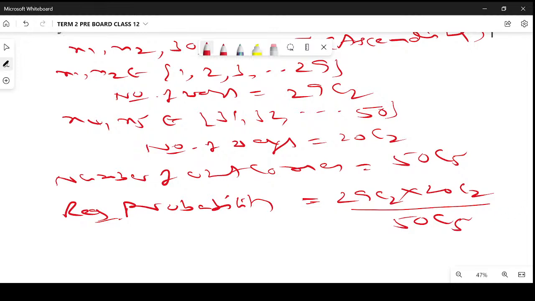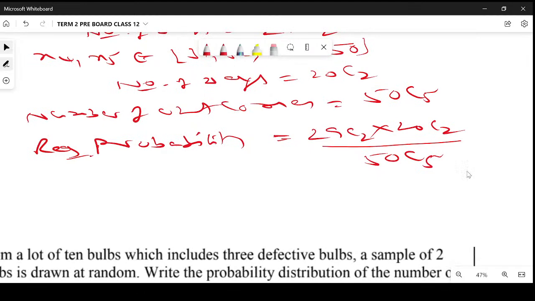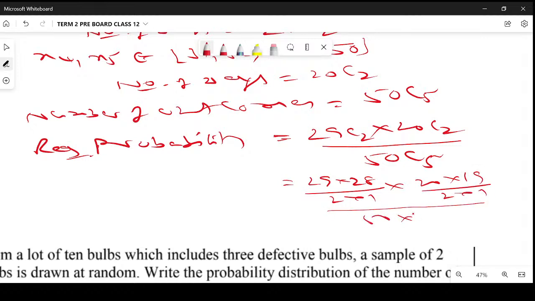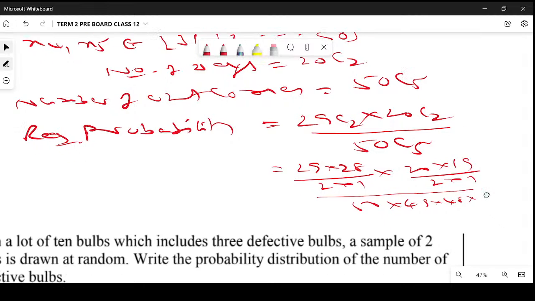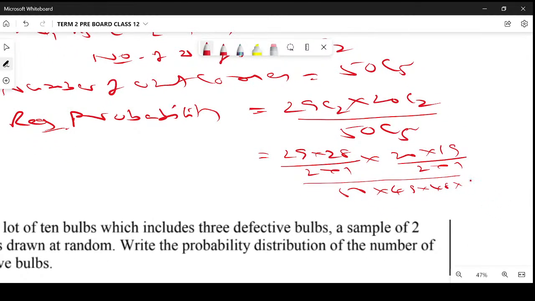I will just write the values. 29C2 is 29 into 28 by 2 into 1. 20C2 is 20 into 19 by 2 into 1. 50C5 is 50 into 49 into 48 into 47 into 46 by 5 into 4 into 3 into 2 into 1, five consecutive numbers. You simplify this, and it gives the required answer.